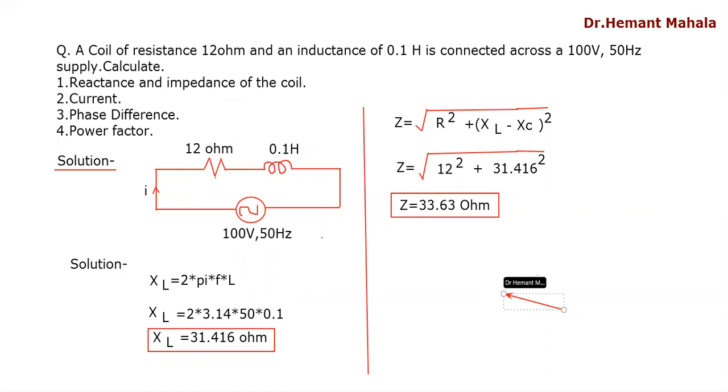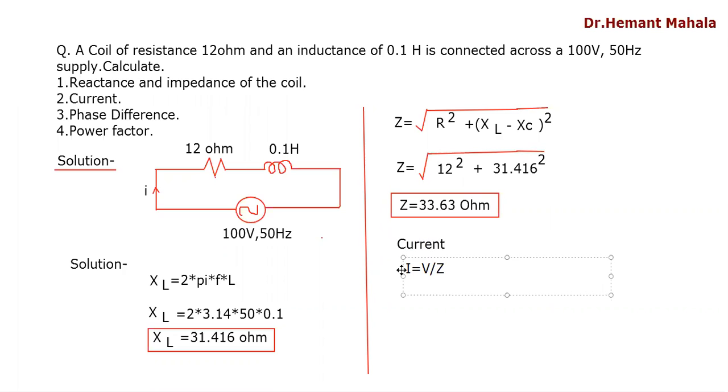Now current I. Current I is equal to, we know, it is simply V by Z in AC circuits.